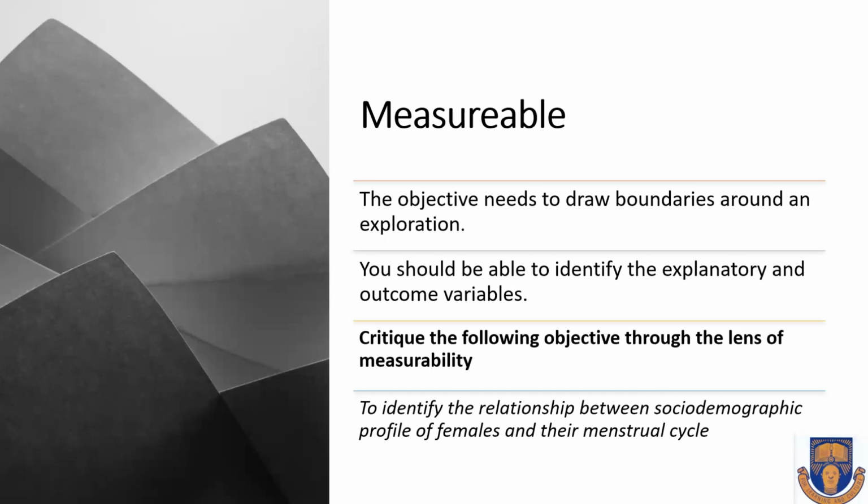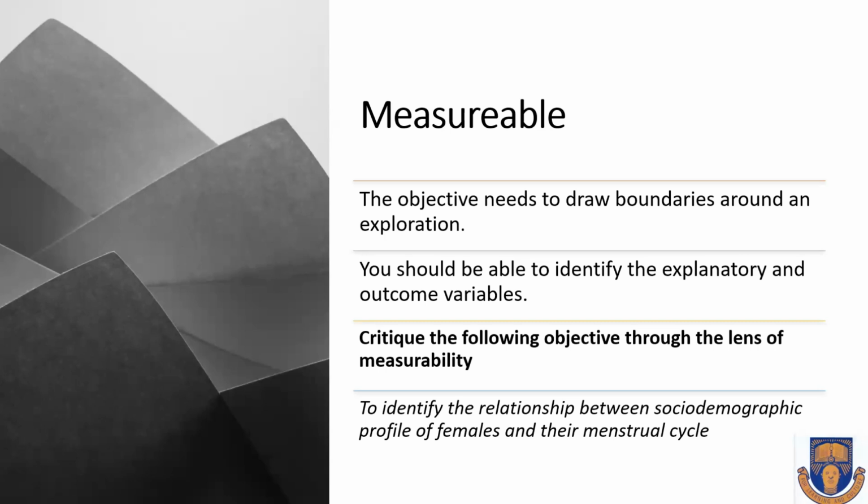We won't go into the issue of specificity again. We know that socio-demographic profile makes it unspecific. The fact that there's no age bound for the females makes it unspecific. The fact that it's a menstrual cycle, well, maybe that is okay, but then the menstrual cycle also has phases. Maybe you might be more specific: I'm looking at the 4 phases of the menstrual cycle.